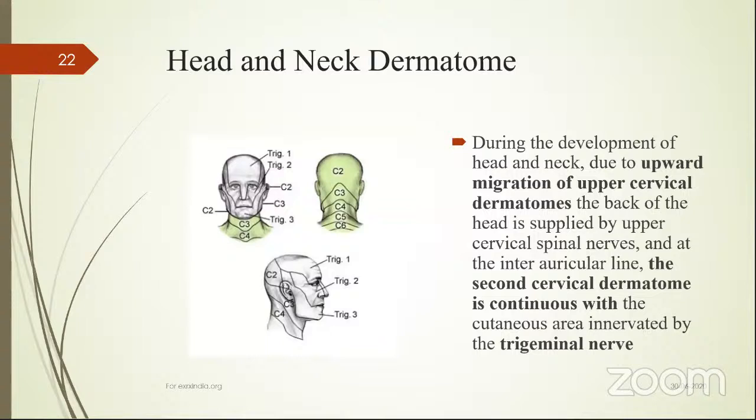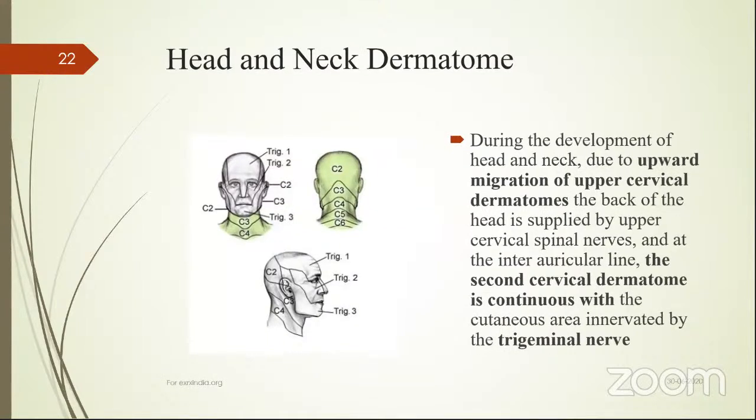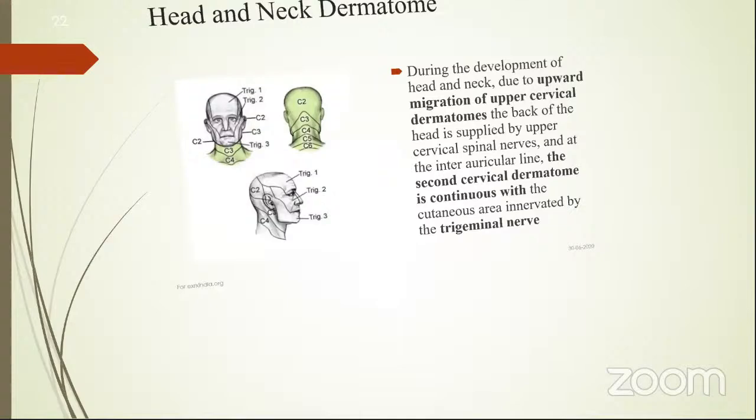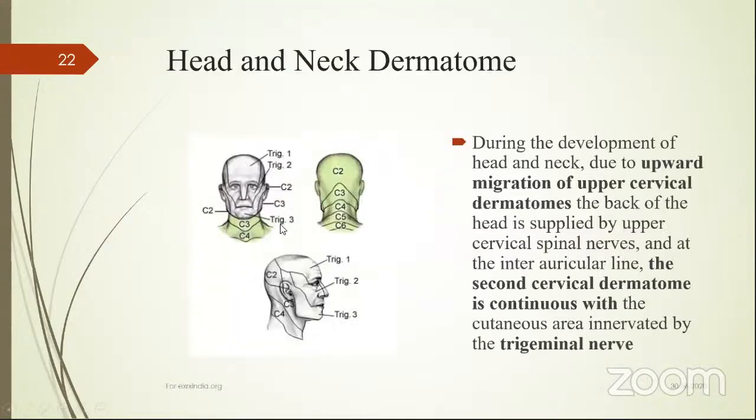You won't see them in the upper part, as we saw in the earlier diagram. Most of the face is supplied by the trigeminal nerve, not by spinal nerves. The second cervical merges with the trigeminal at one point, and it supplies the full scalp.